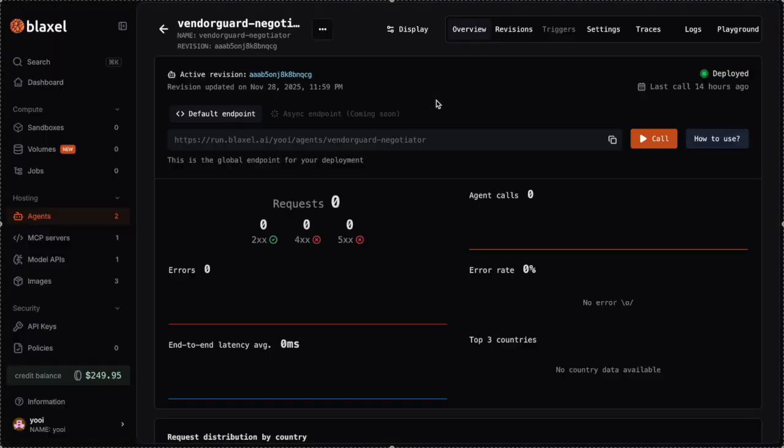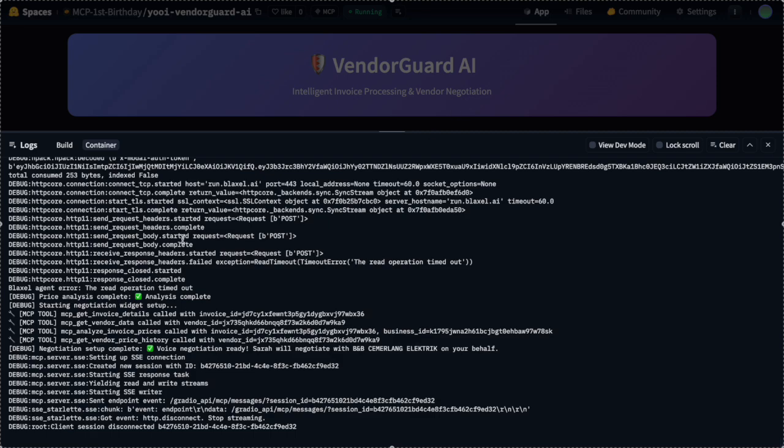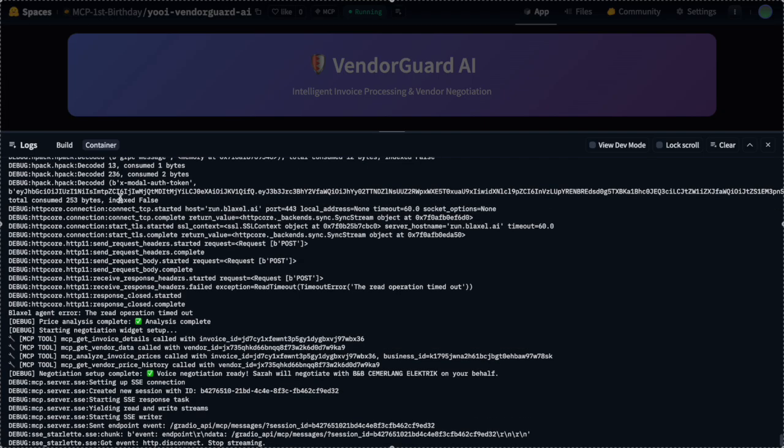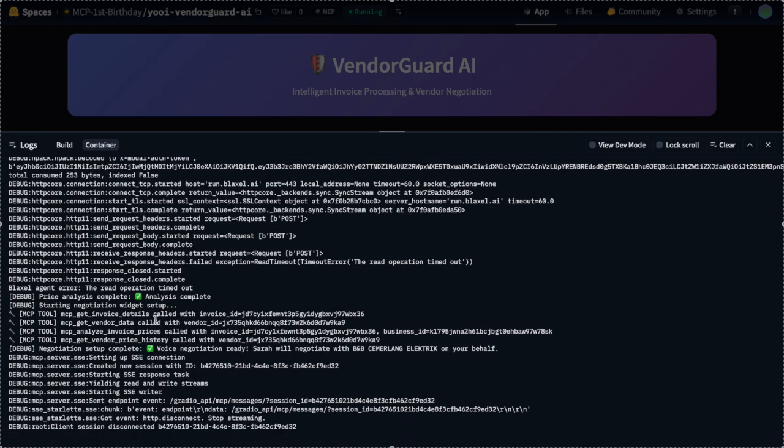And we have a Vercel agent for the negotiator, where you can see what's actually happening. In the logs, when you're trying it, you can see what's being called, including the Vercel agents being called and also the MCP tools being used here.